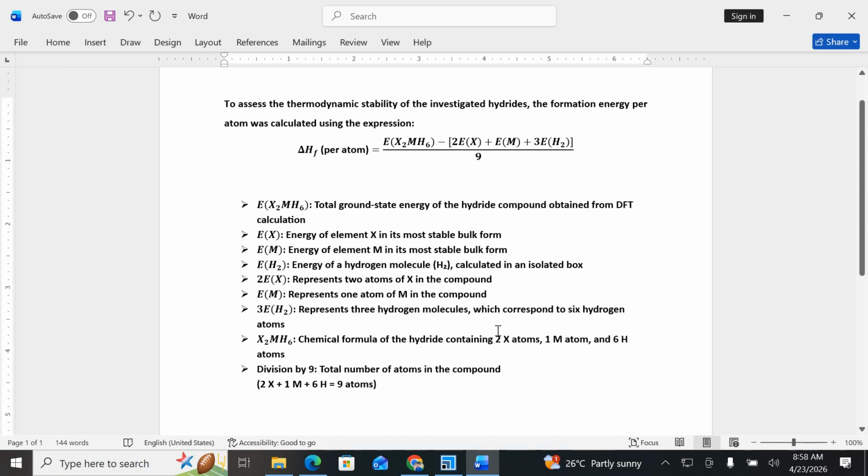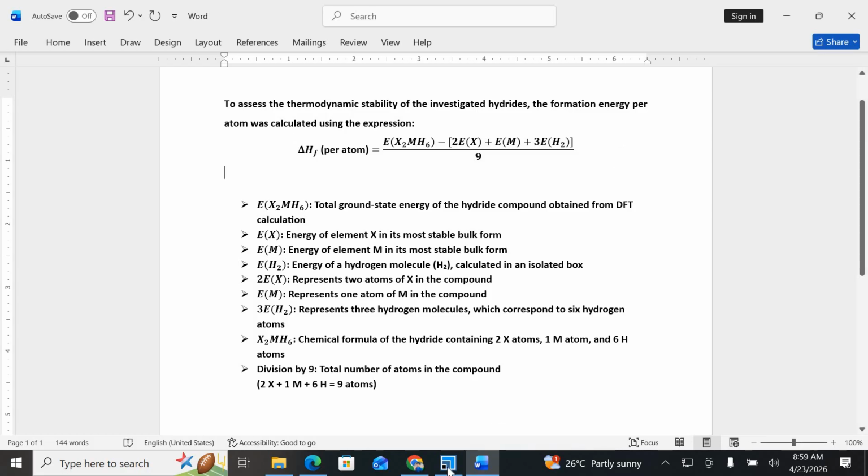Therefore, a negative formation energy confirms that the hydride is energetically favorable, which is a key requirement for hydrogen storage materials. As I mentioned at the start, we must provide both stabilities, thermodynamic and dynamic. This is all about thermodynamic stability. It is a very strict rule that the resultant energy should be negative.